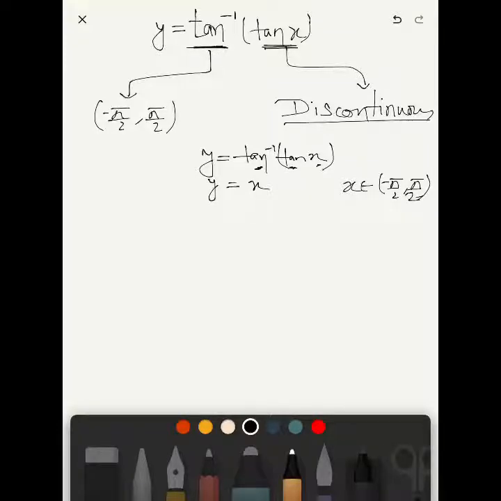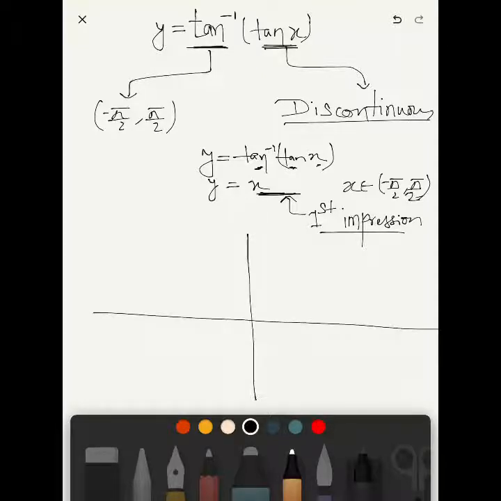Again here we will draw the graph of the first impression. After solving, this is your first impression, okay. So just draw the graph of this. This is your y equals x, okay.